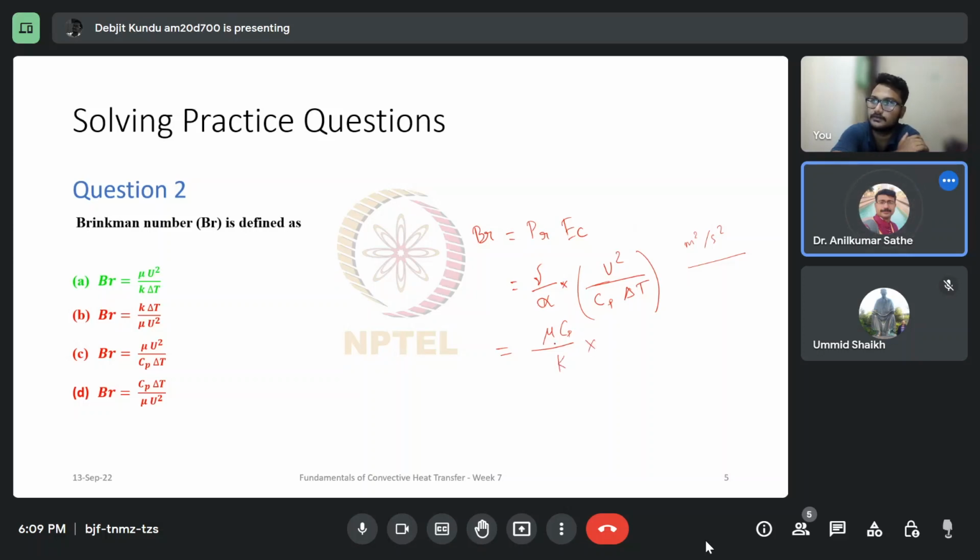So with Cp into delta T, Cp gets cancelled out and we arrive at the form given in option A: mu into u square divided by k into delta T.